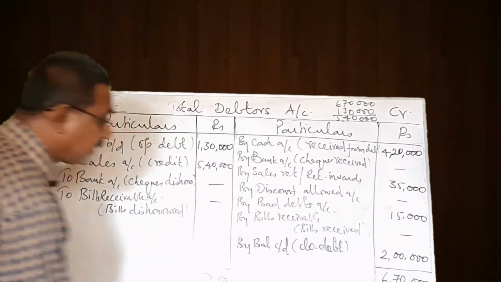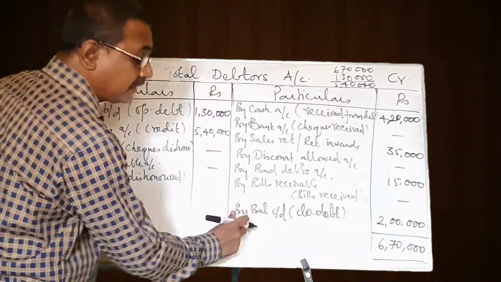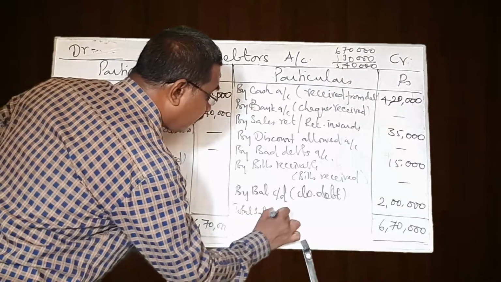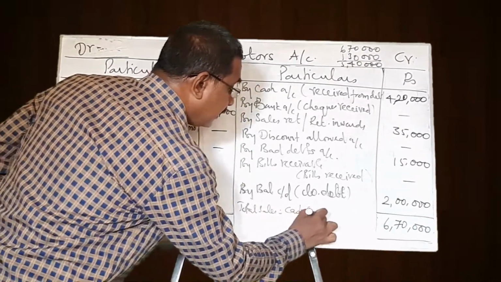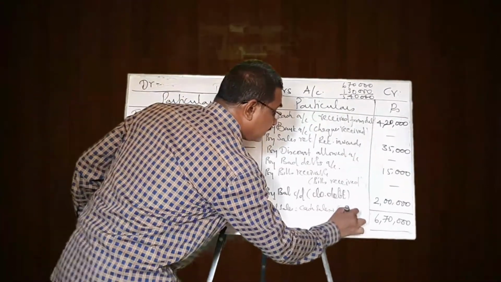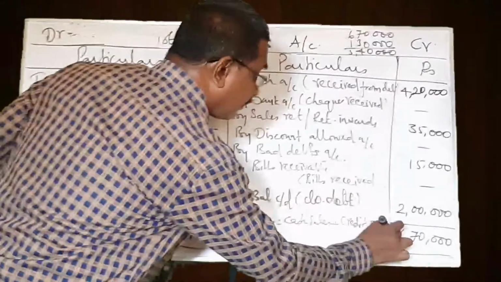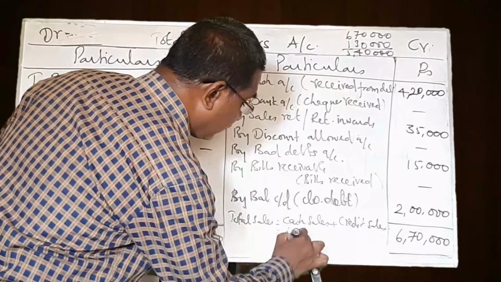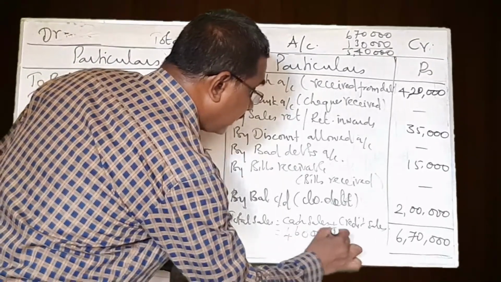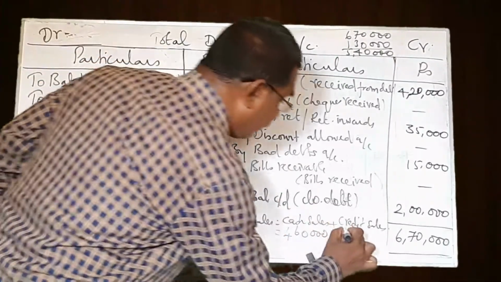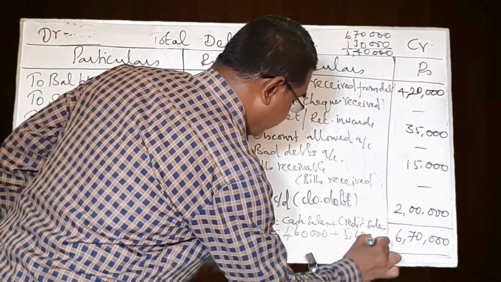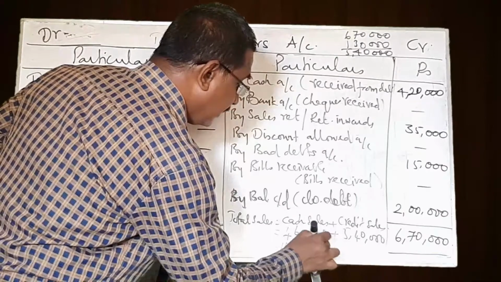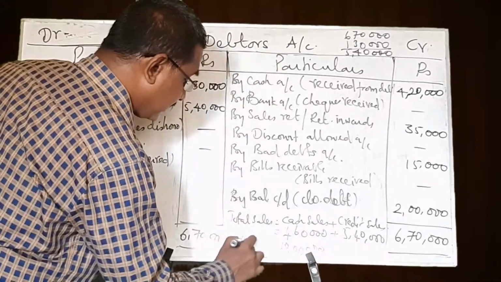Total sales. Let me write it here, I don't have space here. Total sales is equal to cash sales plus credit sales. Cash sales is given in the problem, 4,60,000. Credit sales we have found out, 5,40,000. And the total is 10 lakhs. This is the total sales.